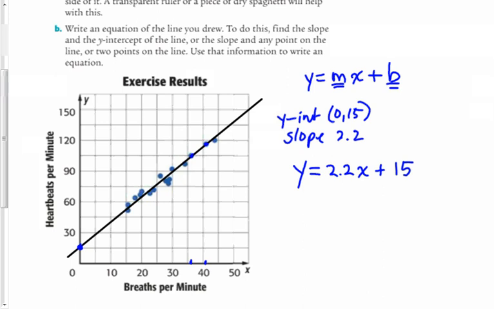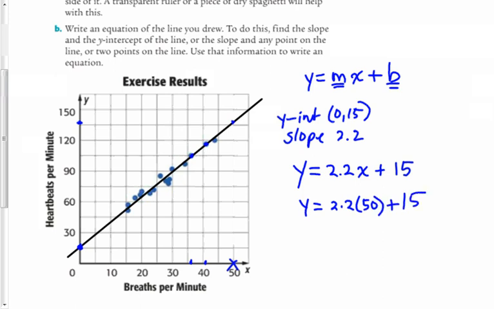But at this point, if I wanted to make some predictions, like maybe I wanted to know how many heartbeats per minute somebody who had 50 breaths per minute has, you could just look at the graph and estimate that it's about 136 maybe. Or you could use your equation and just plug in 2.2 times 50 plus 15.